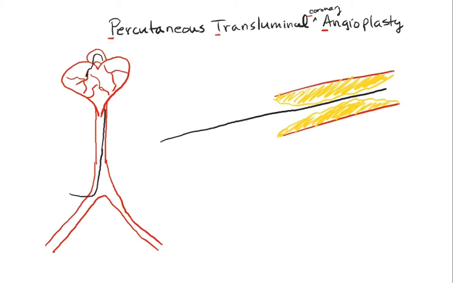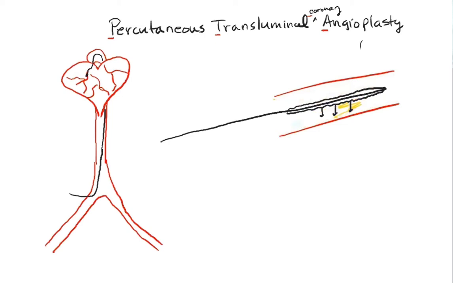And we have a little device on the tip that's a little balloon that's like this. And it's not inflated just yet. But what we can do is inflate that balloon and we will be pushing all of that plaque buildup against the wall, which is going to open the vessel. What's the word for an open vessel?